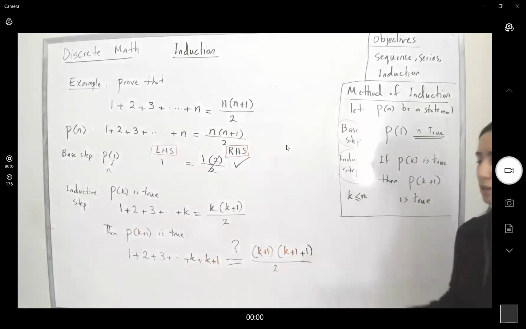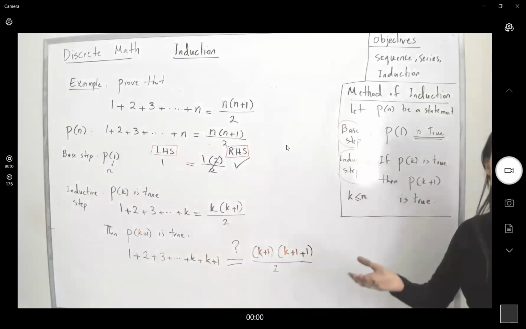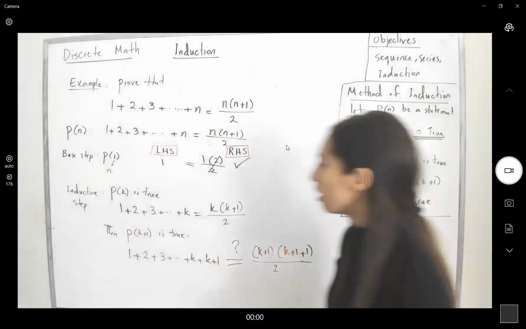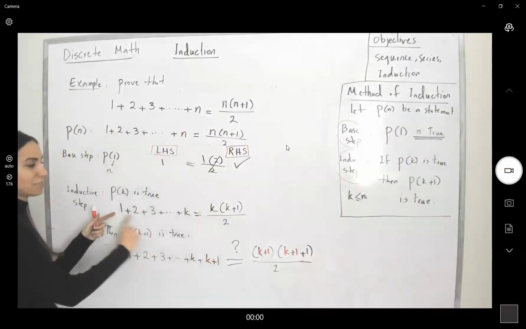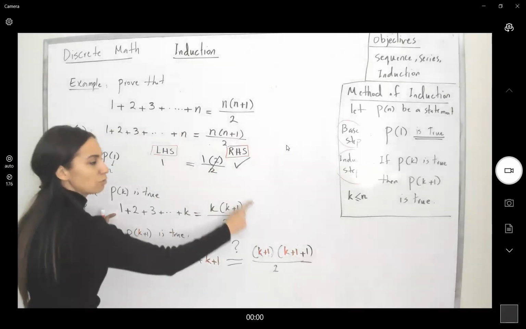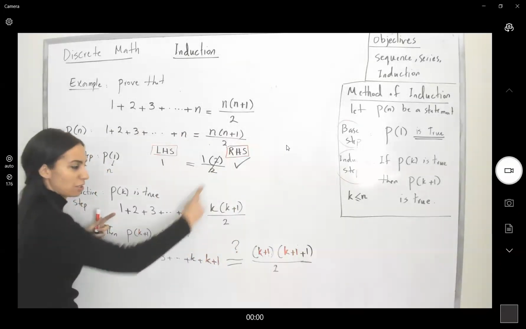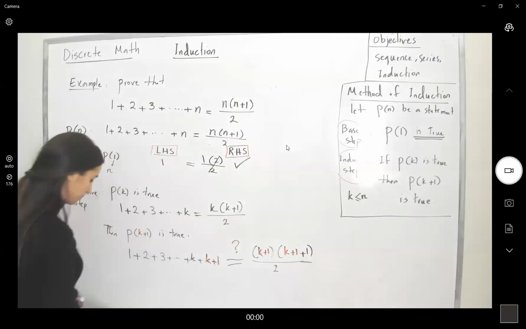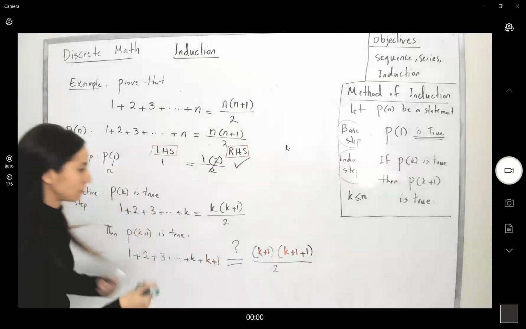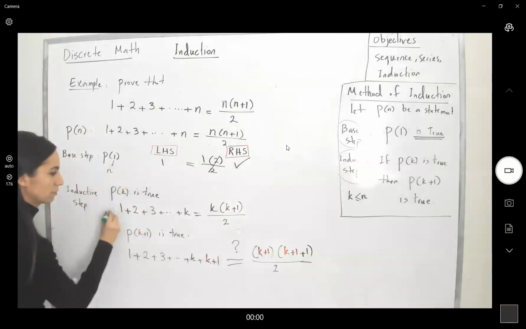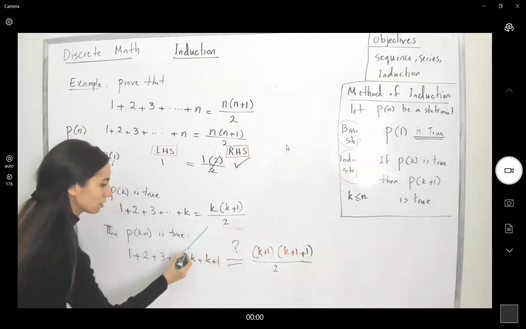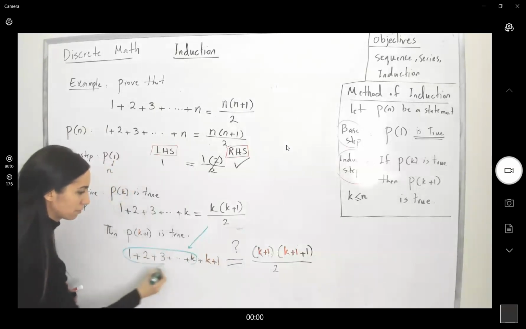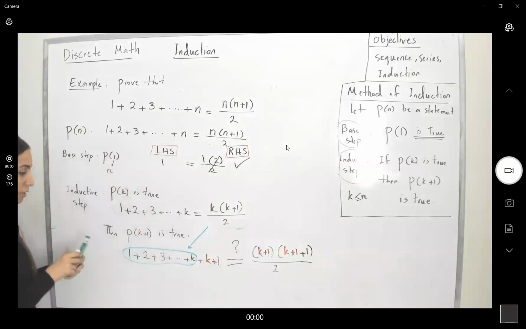We have different methods. You can say that, hey, I already know that this sum is equal to this fraction here. I'm going to substitute that here. Okay, what do we get?